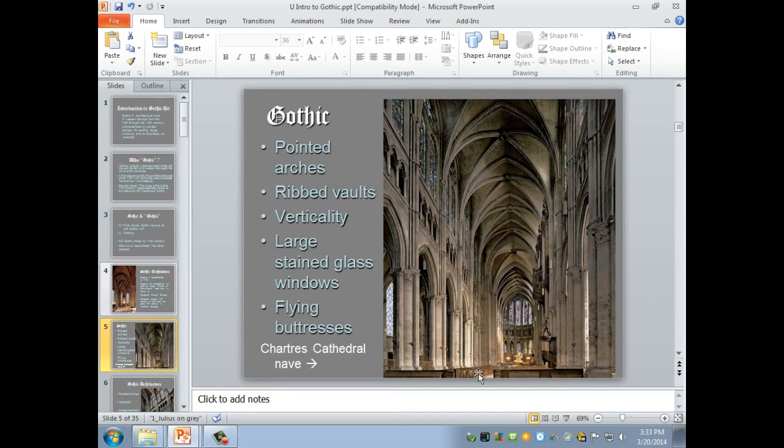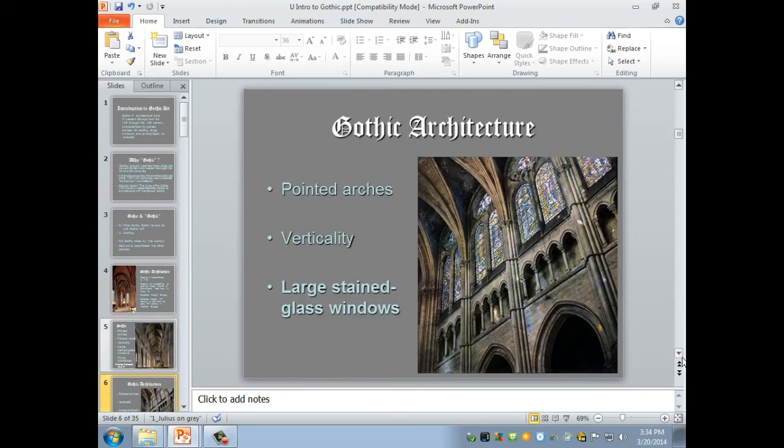So here you're looking at a picture of the nave of Chartres Cathedral, and you can see large stained glass windows, vertical elements, pointed arches, ribbed vaults. The flying buttresses, of course, are outside. But there is a detail showing you the large stained glass windows.